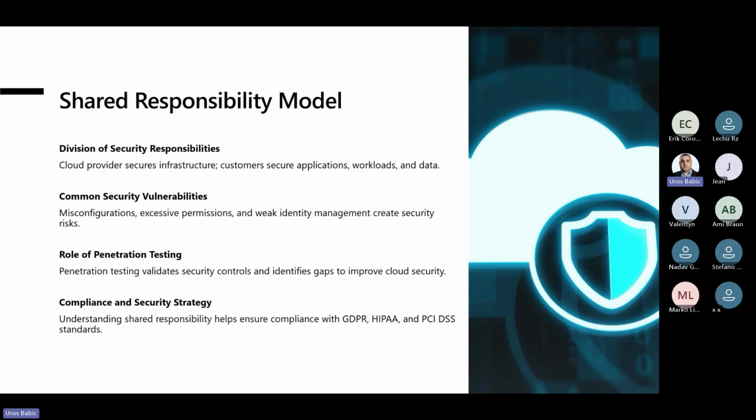And of course, we are facing a lot of sensitive information in industry, but the requirement is to be compliant with high standards, including GDPR, HIPAA, or PCI DSS.